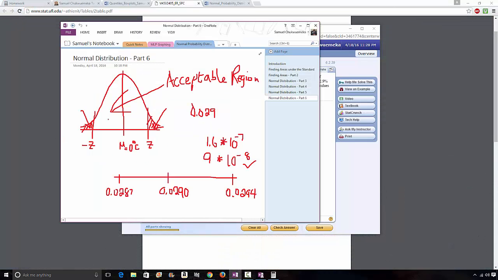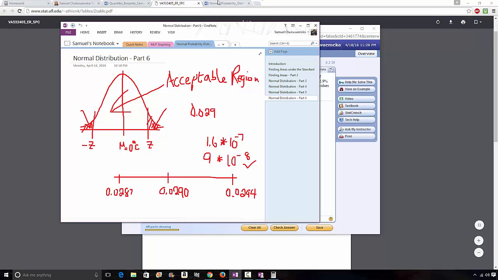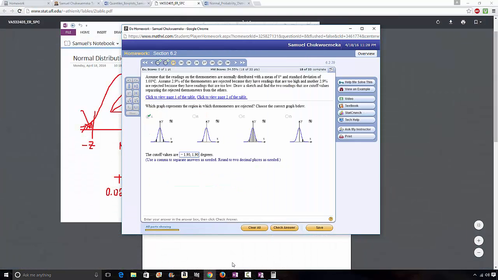And this one is just the positive of it, because it's the same area, which is 0.0290. The only thing is that this one is negative and this one is going to be positive. Please view the critical Z interpolation method video so that you can understand what I just said here. Okay, so that's the answer.